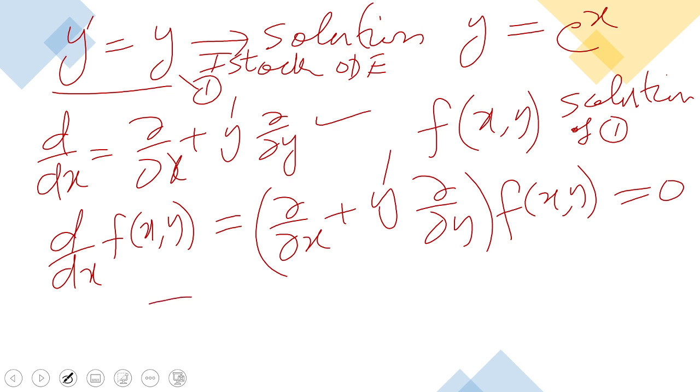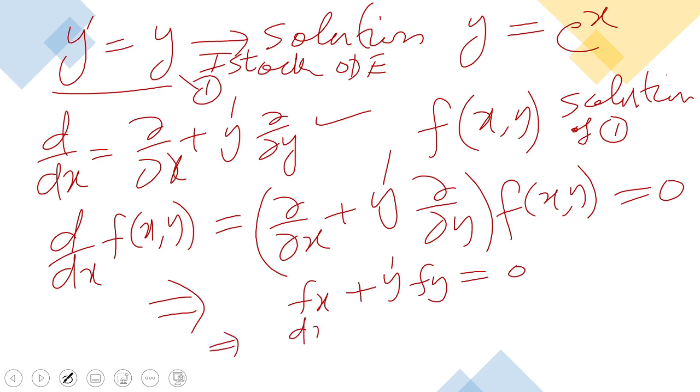So what does this give me? This gives me f x plus y dash f y equal to 0. And by the characteristic method, we can write dx over 1 equals dy over y dash equals df over 0. I know y dash is y, in fact. So what is y dash?